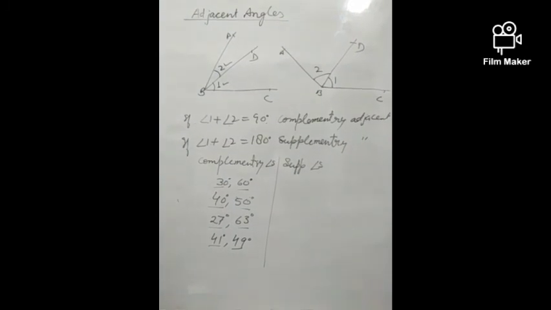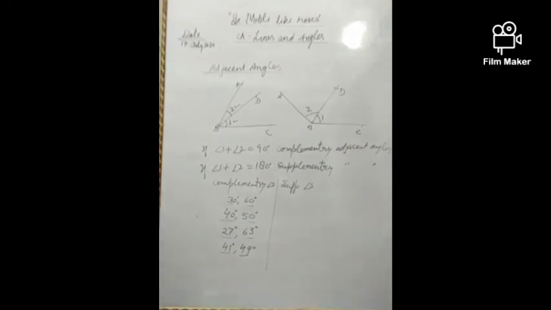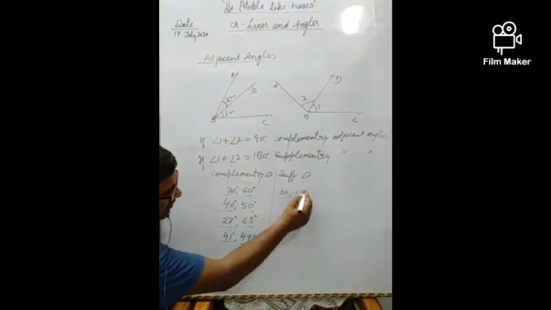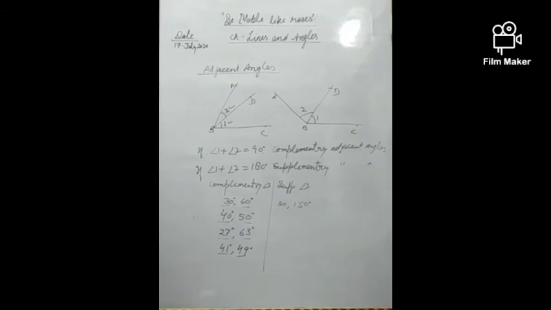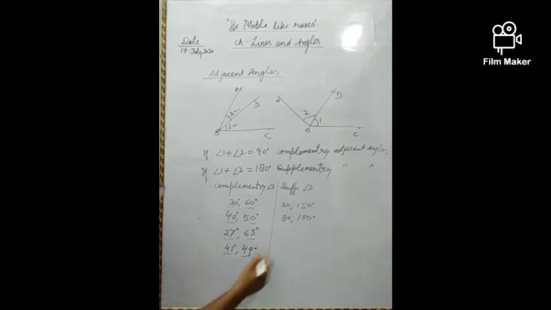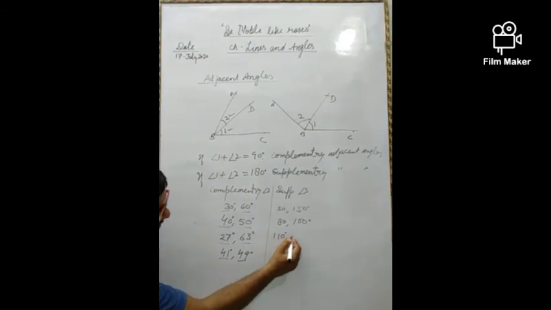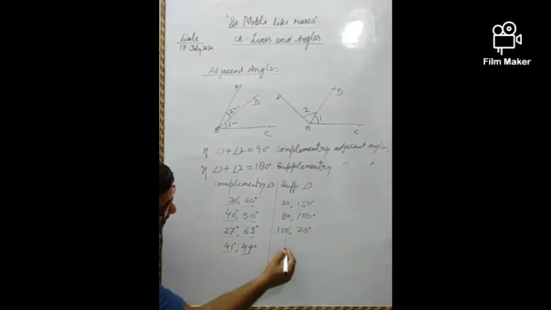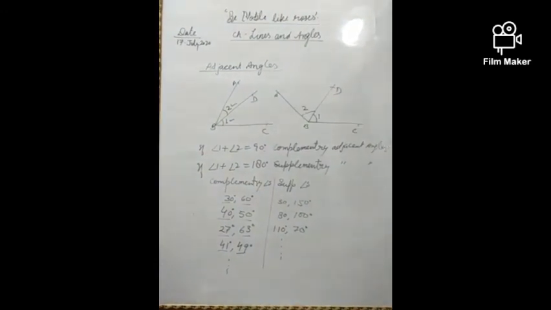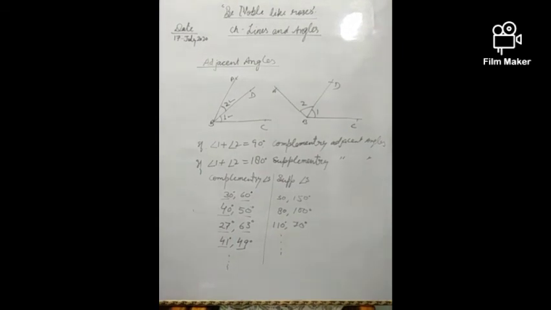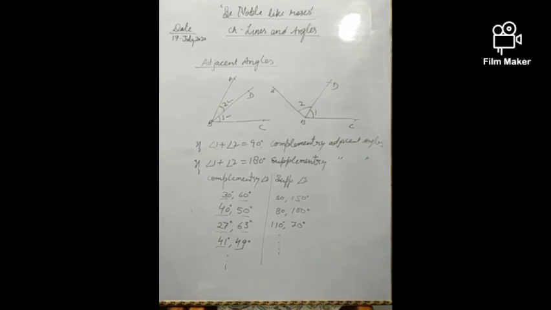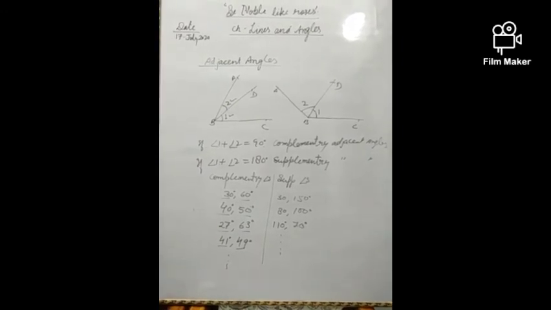If the sum is 90 degree, then the pair of angles is complementary. And supplementary: 30 and 150, sum is 180, maybe 80 and 100, maybe 110 and 70 degree, and so on. So we can write so many pairs. This is a kind of learning. So now this is all about adjacent angles, complementary and supplementary, right?